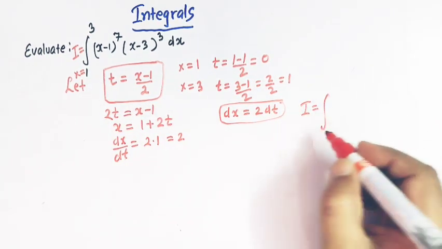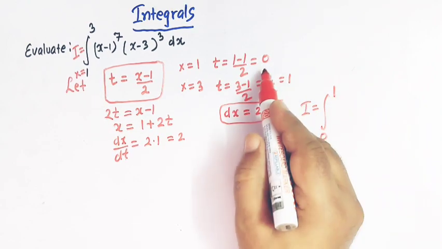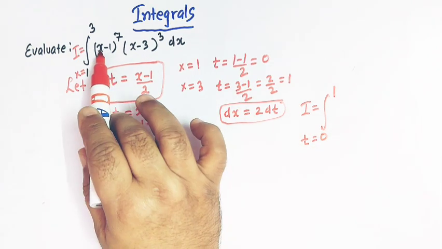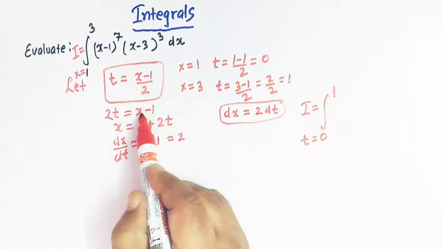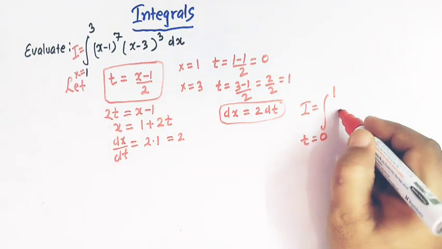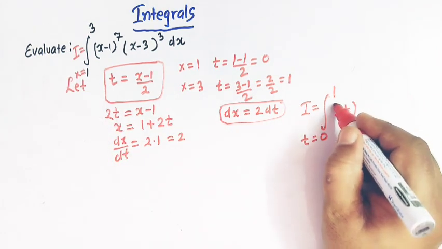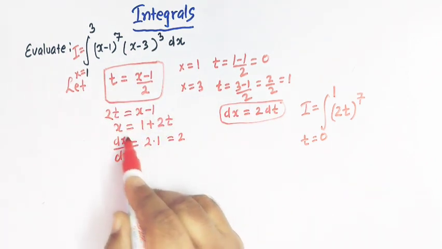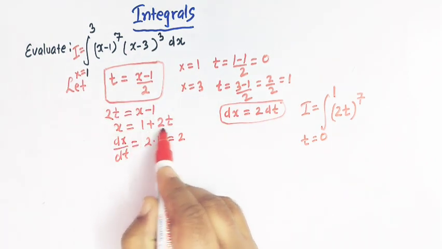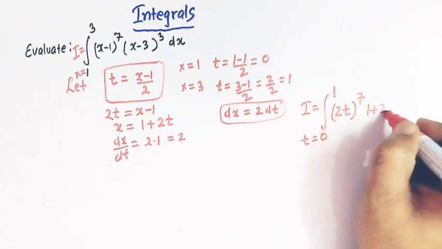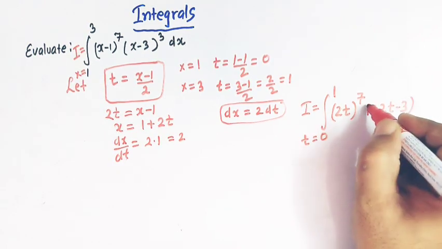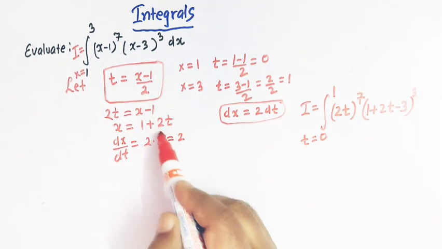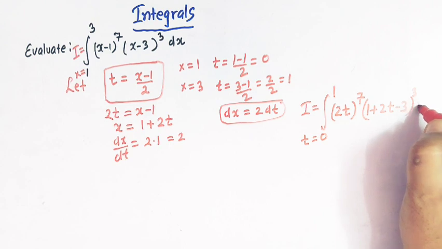So we have the limits from 0 to 1, because t varies from 0 to 1, and for x minus 1 we can write 2t, so we have (2t) raised to 7. For x minus 3, x can be taken as 1 plus 2t, so we have (1 plus 2t minus 3) raised to 3, and for dx we can write 2 dt.